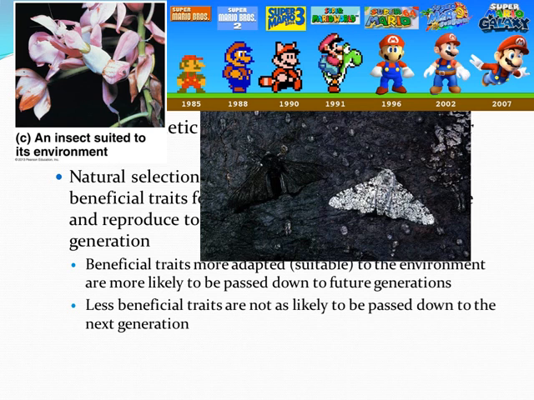And then there are those with less beneficial traits. And those with less beneficial traits may not survive long enough to be able to pass them down to their next generation. So for instance, you see these different types of moths. Before the Industrial Revolution, cedar trees actually look very similar to this white moth. And you notice a little bit over here as well.